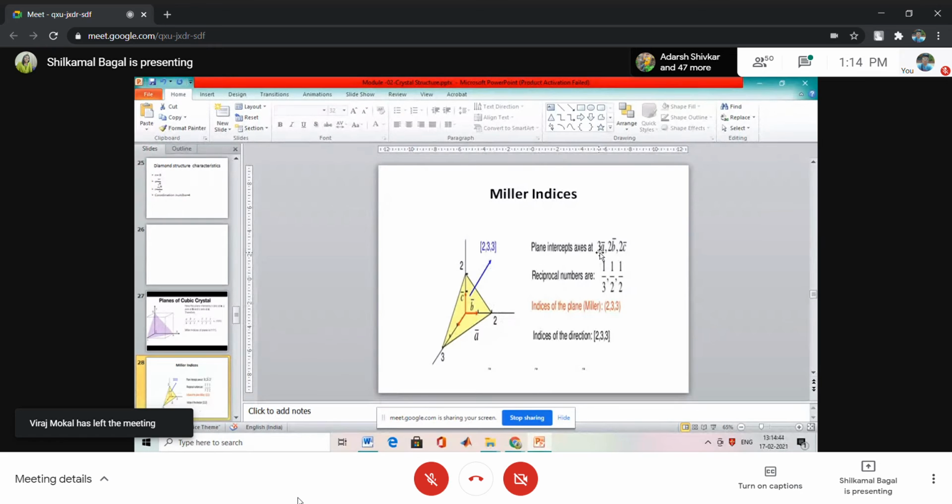This plane has the intercept 3 units, 3A, along the lattice constant, that is the edge of the unit cell, meaning this plane has the intercept along this axis 3 times of this lattice constant. Along axis B it is 2 times, and along C also 2C. So 3, 2 and 2, these are the intercepts made by the plane.